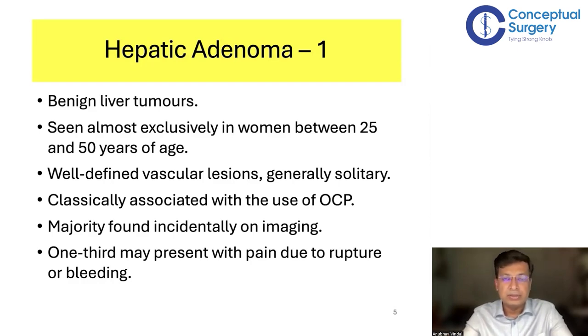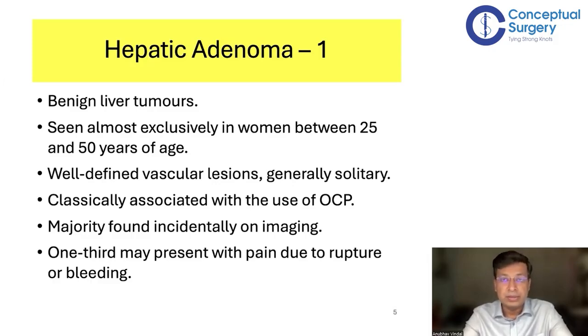These are well-defined lesions. They are vascular in nature and usually solitary. And like hemangiomas, they are mostly found incidentally on imaging performed for some entirely unrelated reason. That imaging could be an ultrasound, a CT or an MRI. However, rarely up to 1/3 of these patients may first present due to a rupture of an adenoma.